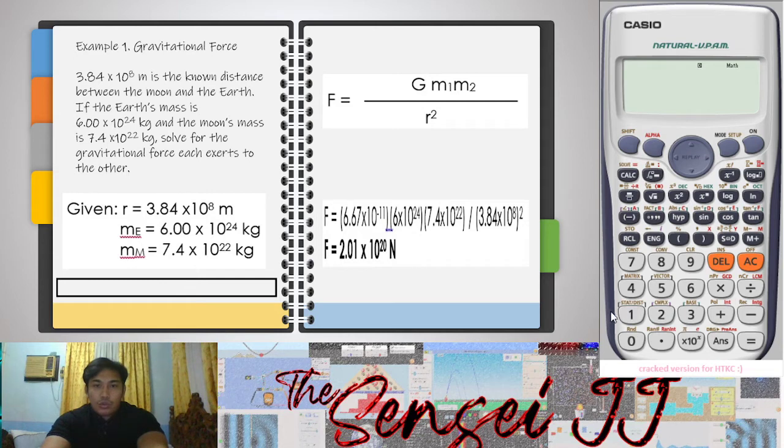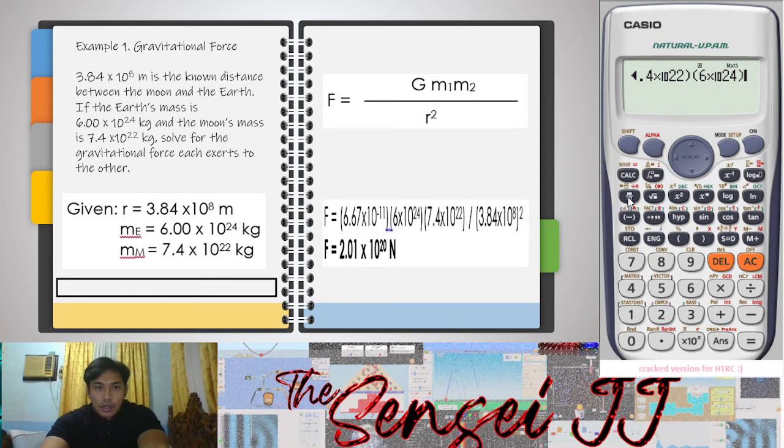So let's try to solve this one. We have the gravitational constant, which is 6.67 times 10 raised to negative 11, and we have here 7.4 times 10 raised to 22 for our Moon, and 6.00, or simply 6, times 10 raised to 24.